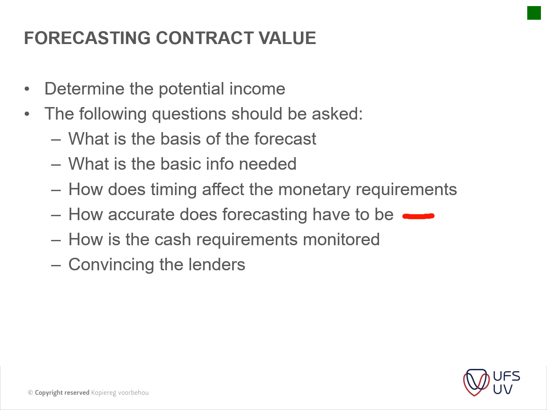If you're over conservative, then usually your profit is downsized. If you're over lenient, then you might run into trouble and not have enough cash flow. Okay, so how is the cash flow required monitored, and convincing the lenders to actually lend you the money?